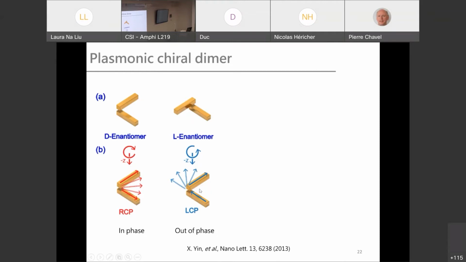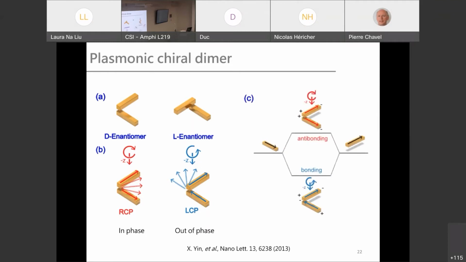On the other hand, for LCP, the left-handed circularly polarized light, the field vectors on these two nanorods will be out of phase. If you have learned molecular physics, you know that when two atoms join together to form a molecule, hybridization will take place. This is very similar to the hybridization when two atoms join and mix to form a molecule.